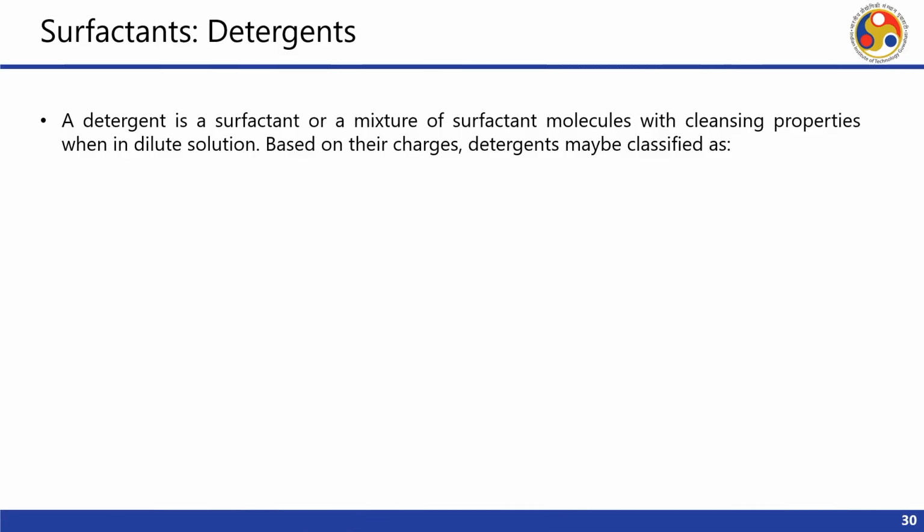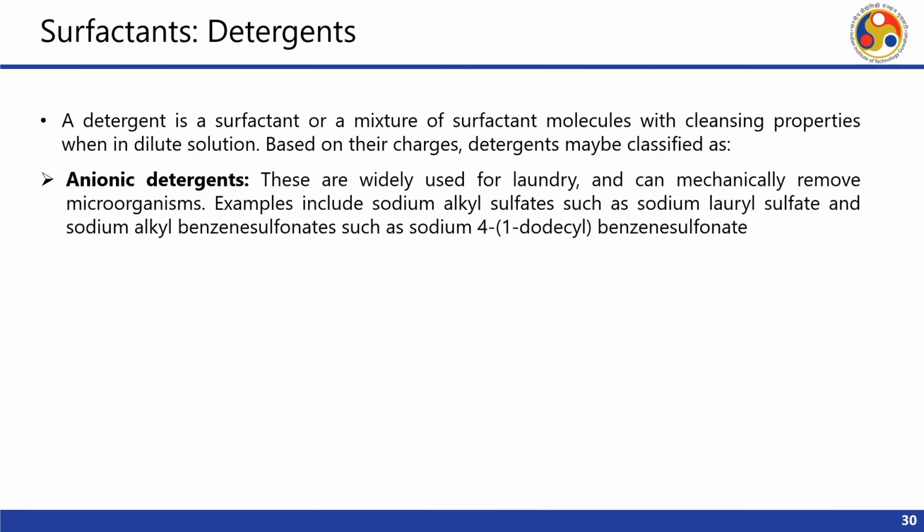Another surfactant is the detergent. Detergent is a surfactant or a mixture of surfactant molecules with cleansing properties when in dilute form. Based on their charges, detergents may be classified as anionic detergents. These are widely used for laundry and can mechanically remove microorganisms.